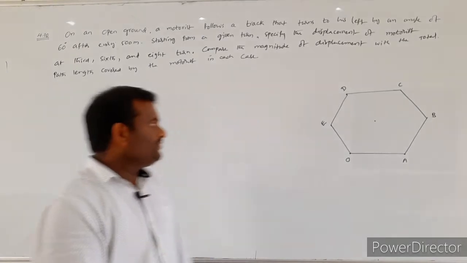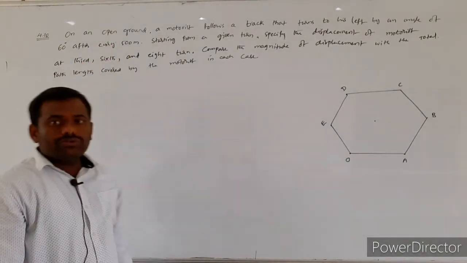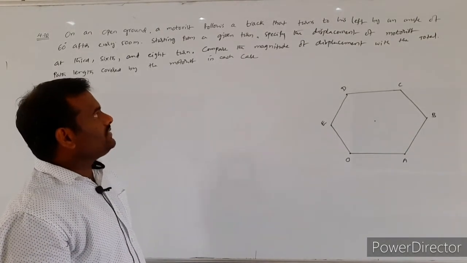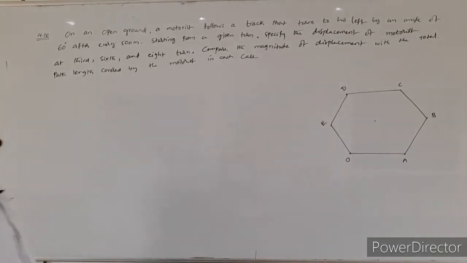Next problem, 4.10. On an open ground, a motorist follows a track that turns to his left by an angle of 60 degrees after every 500 meters.